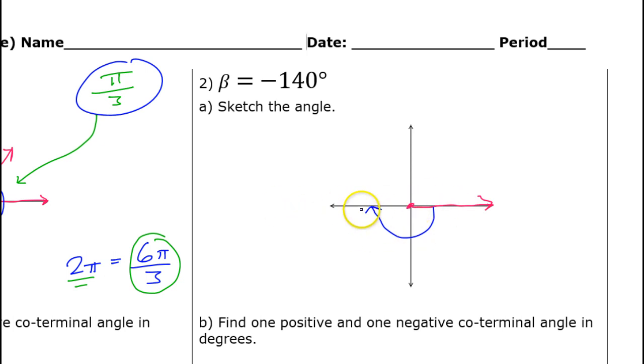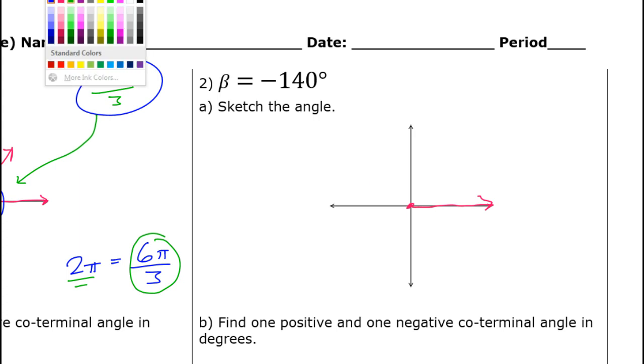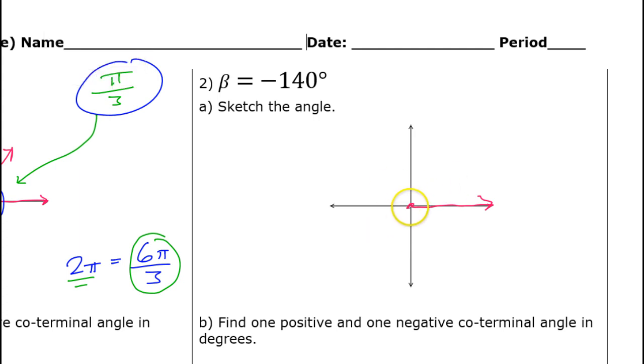That's 180 degrees. So that's too far. And of course, if I were to stop here, that would be negative 90 degrees. So negative 140 is going to be somewhere between negative 90 and negative 180. So basically, I'm just going to make sure that I put my angle in the third quadrant over here.